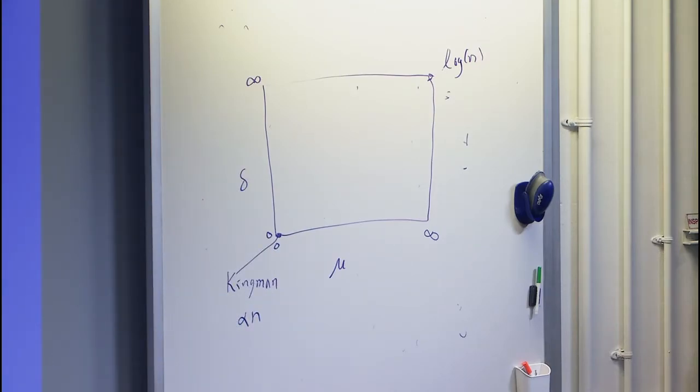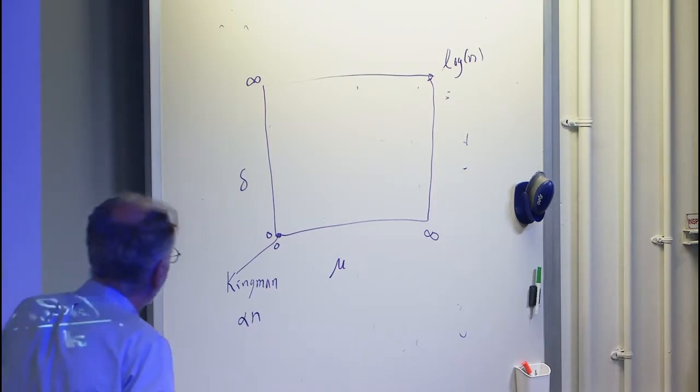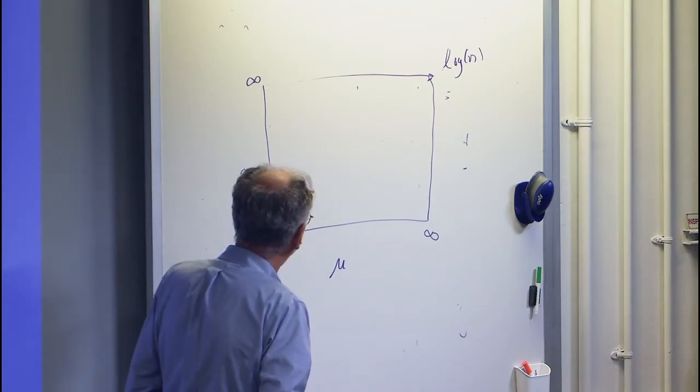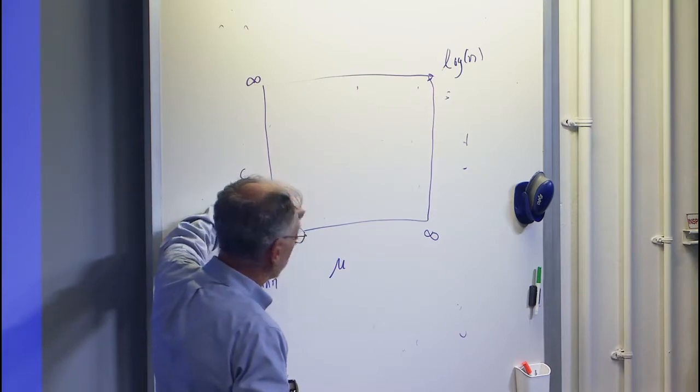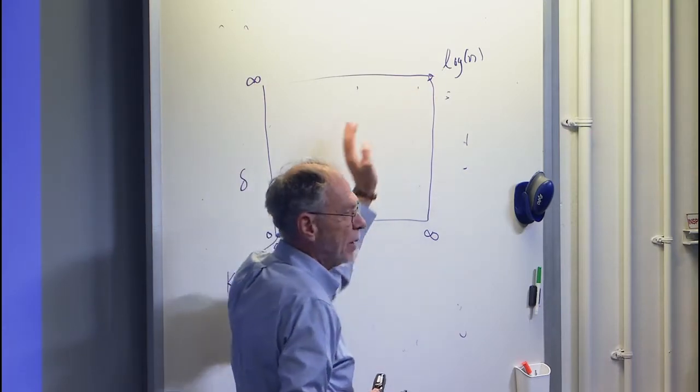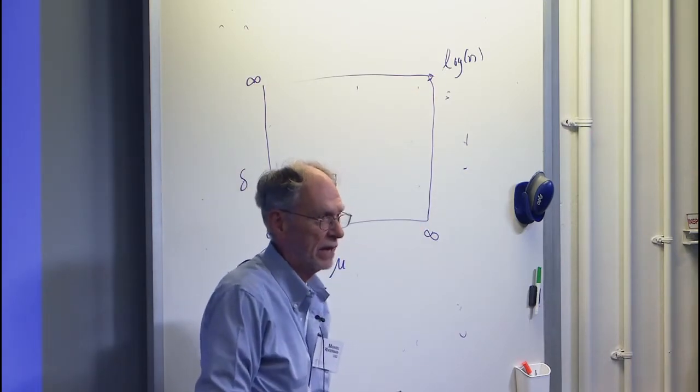What about in between? Good question. And what I expected was that there would be linear growth near 0, 0, logarithmic up here, and there'd be some mush in the middle.